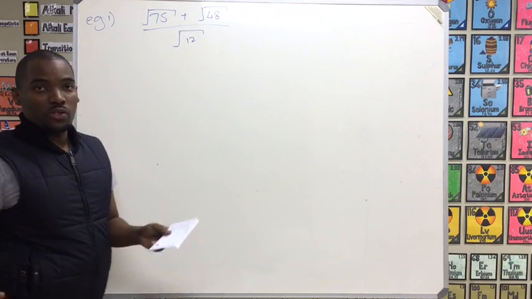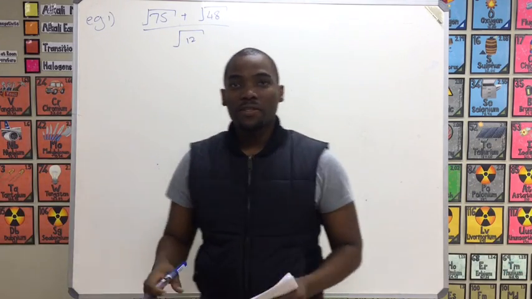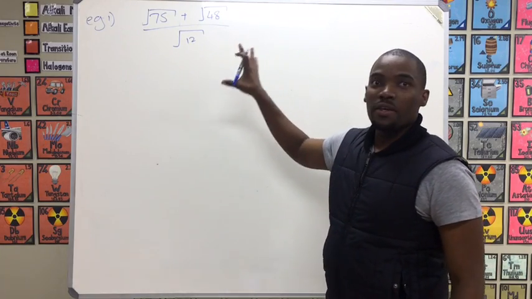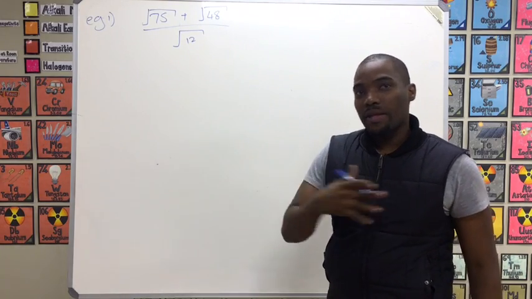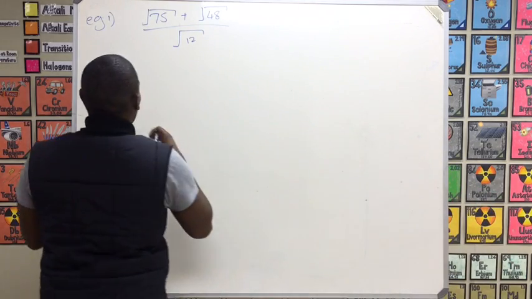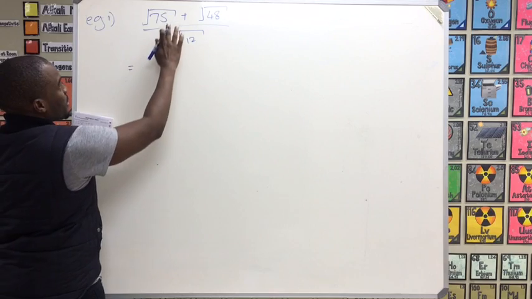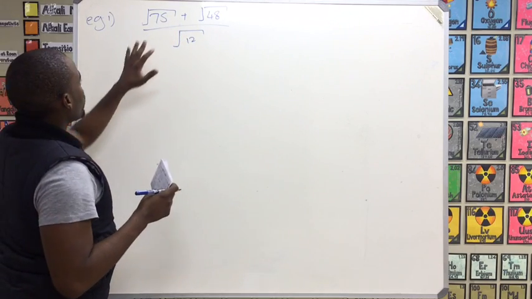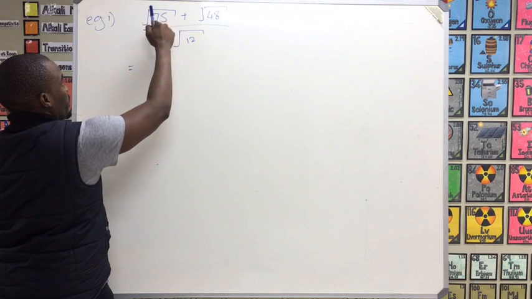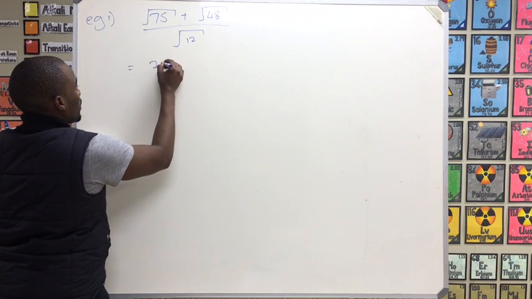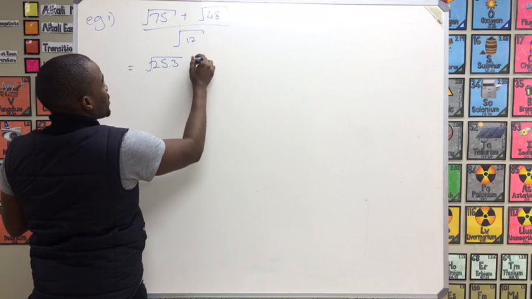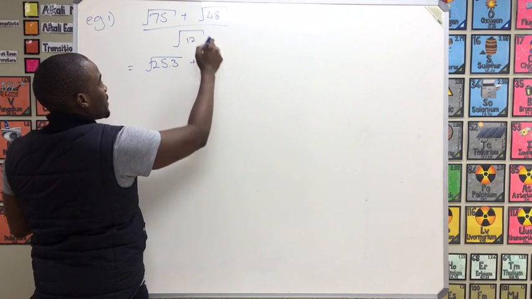Now usually with these surd questions, there's going to be one common surd when we simplify that can factor out and then cancel, and we'll be left with perfect squares that we can evaluate afterwards. So let's look at this. 75. Let's think of the factors of 75 that make up perfect squares. So I think 25 by 3 would be one. Let's look at 48. That's going to be 16 times 3.